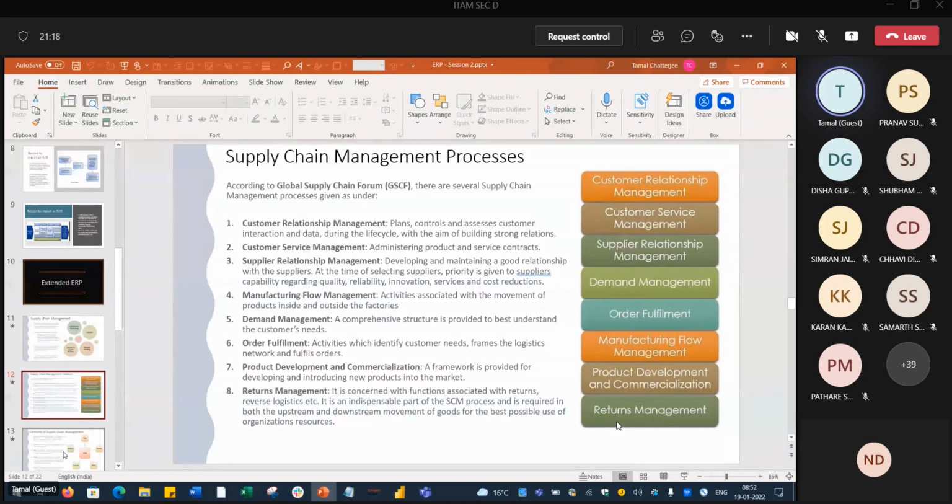And last but not the least, this is the return management. Return management has been introduced very recently. You people must be using online shopping applications, Amazon, Flipkart, etc. And you must have returned something already.